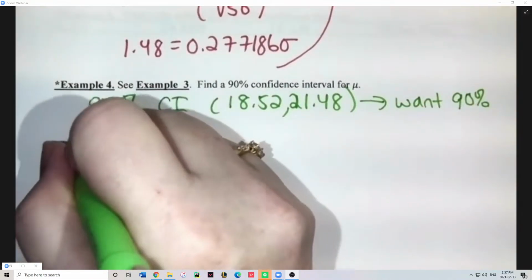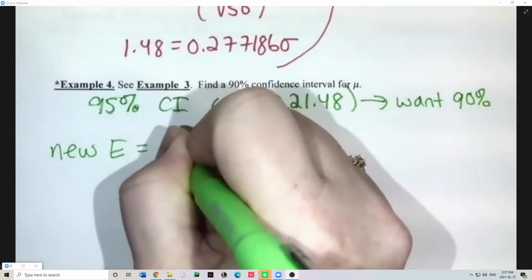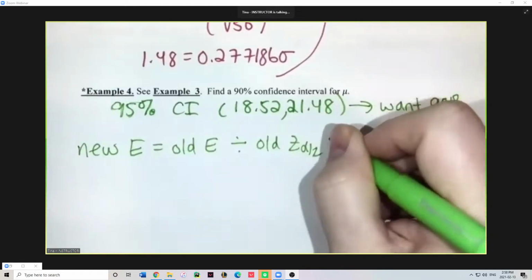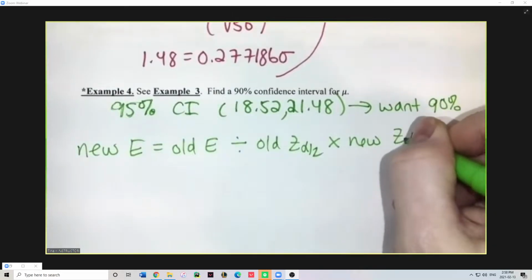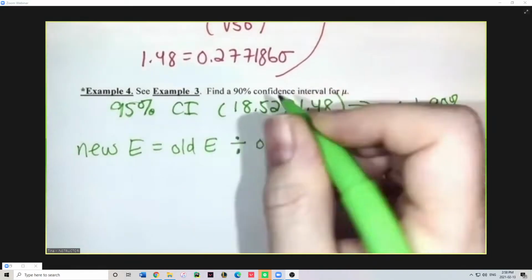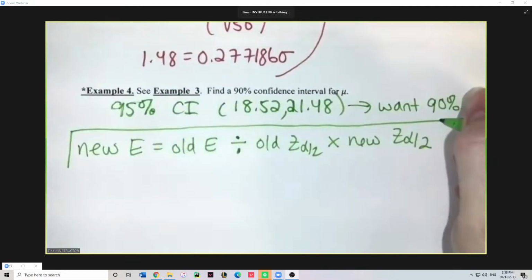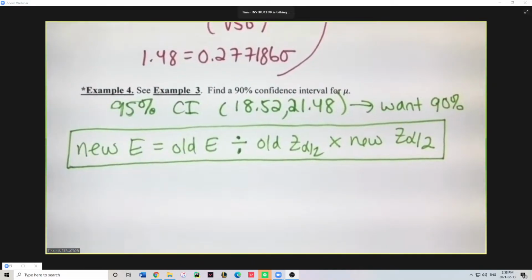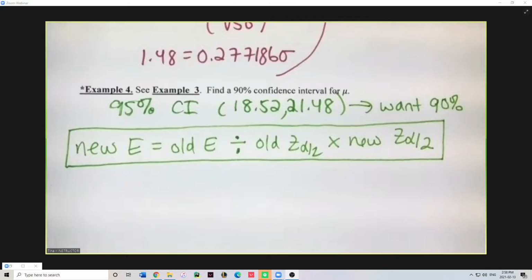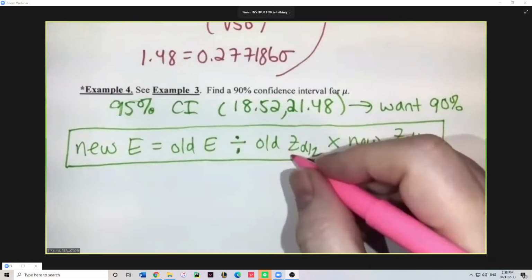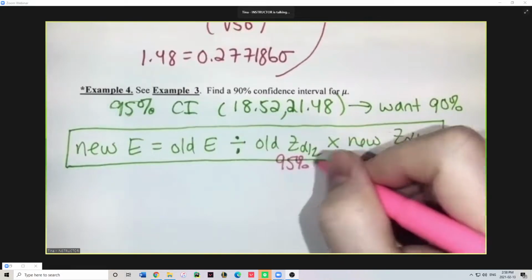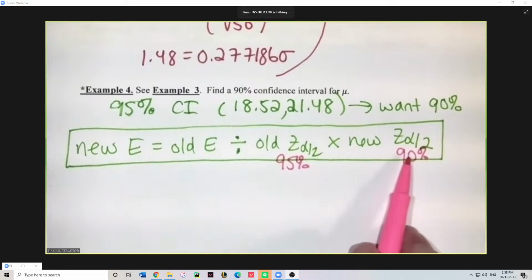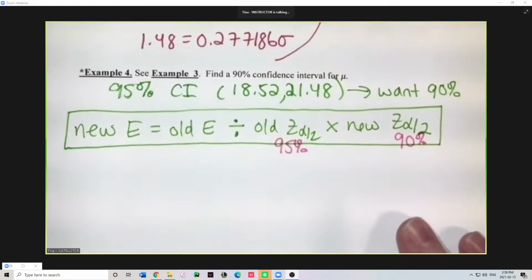So the formula, you have your new margin of error is your old margin of error divided by the old critical Z and times the new critical Z. So this is a formula to memorize that will help you get from one confidence level interval to a different confidence level interval. So the old one, we had 95%, and the new one we want, in this case, is 90%. This will, of course, what I put in pink will change in every question, right?